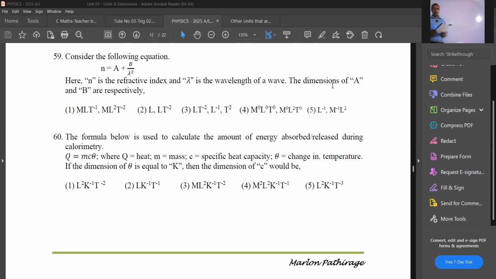It is very easy. You have to make C the subject. So what is the answer?